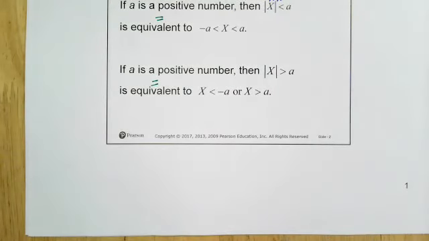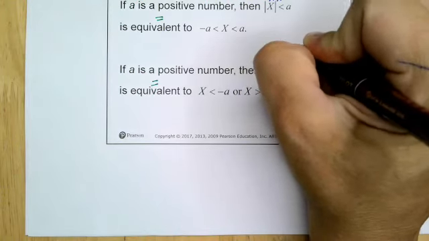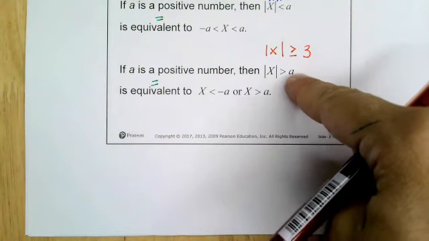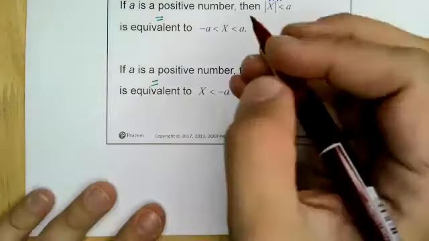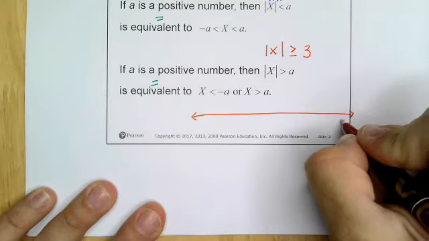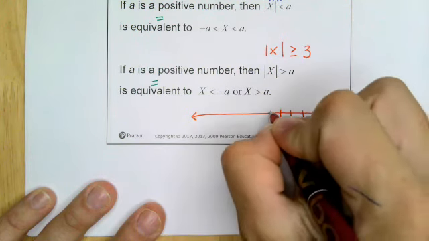Now let's do it for the absolute value of x is greater than or equal to 3. So before it was between the number and its opposite on the number line, right? But now we're at greater than 3. So let's draw another number line. Maybe we'll have 5, 0.